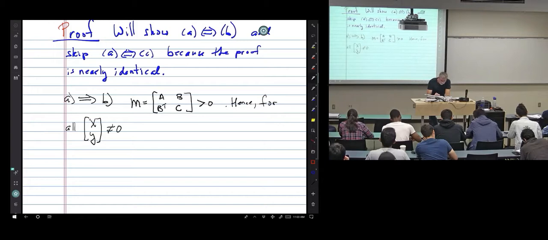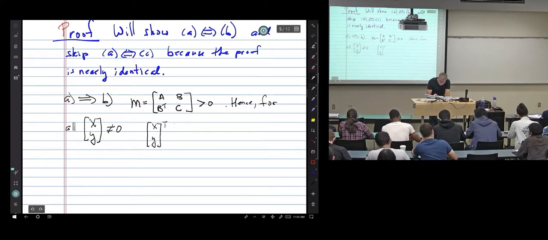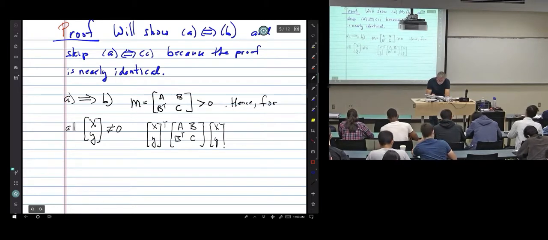So for all X and Y's not identically zero, we know that X, Y transpose times the matrix A, B, B transpose, C, times X and Y, that's a scalar, and it's not equal to zero, it's positive. It's positive definite matrices.